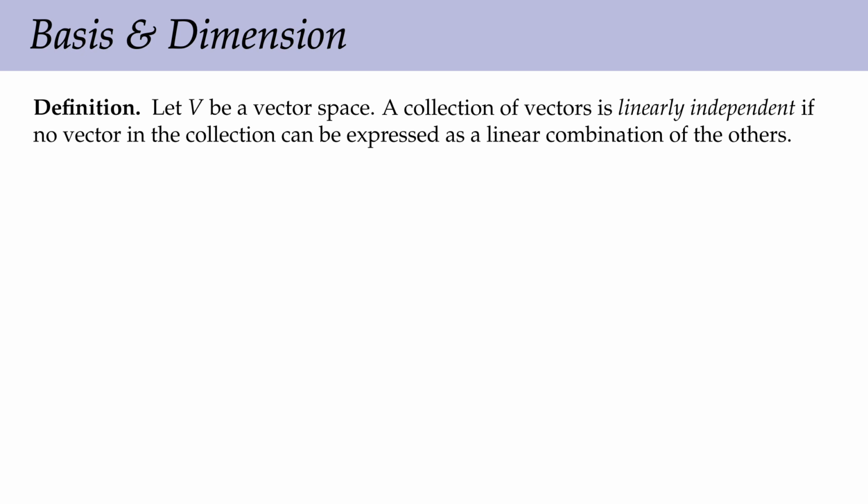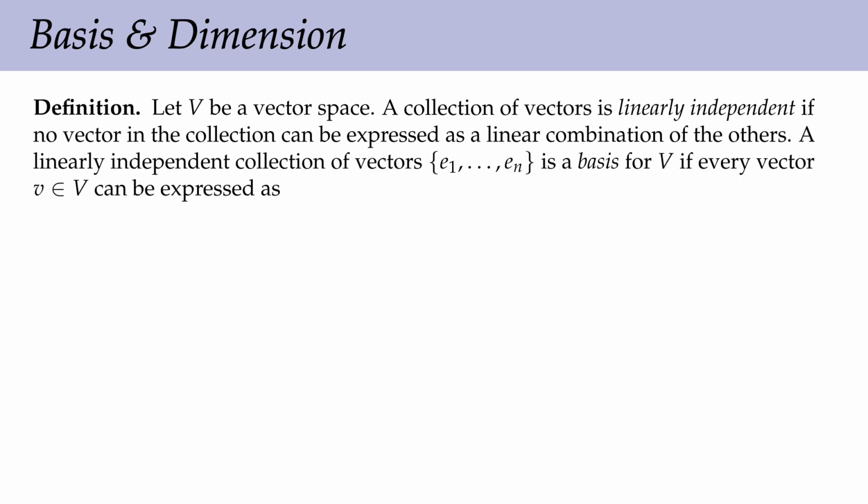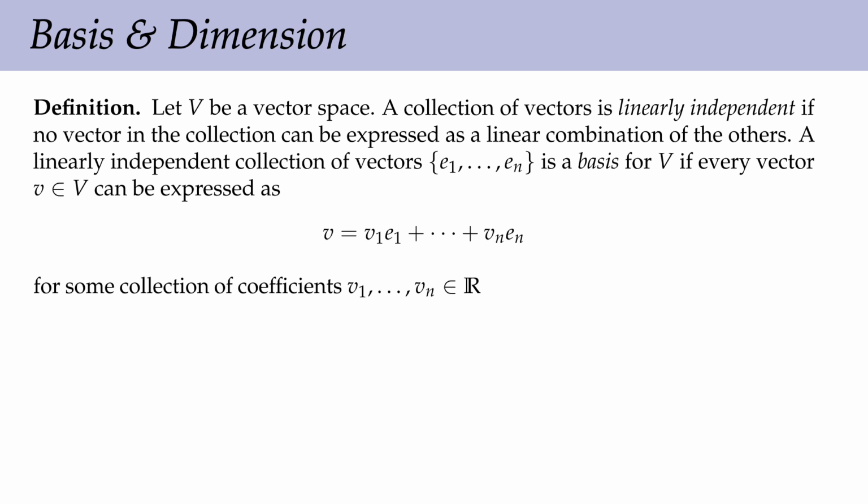A little more precisely, let's say that V is a vector space. A collection of vectors is called linearly independent if no vector in the collection can be expressed as a linear combination of the others. We talked about that when we talked about convexity. A linearly independent collection of vectors, e1 through en, is called a basis for V if every vector in V can be expressed as v equals v1 e1 plus v2 e2 plus ... plus vn en for some collection of coefficients v1 through vn.